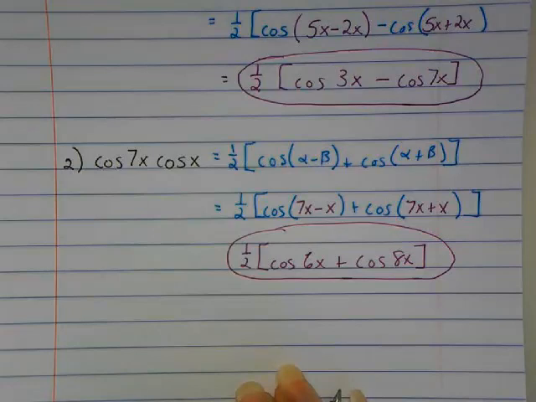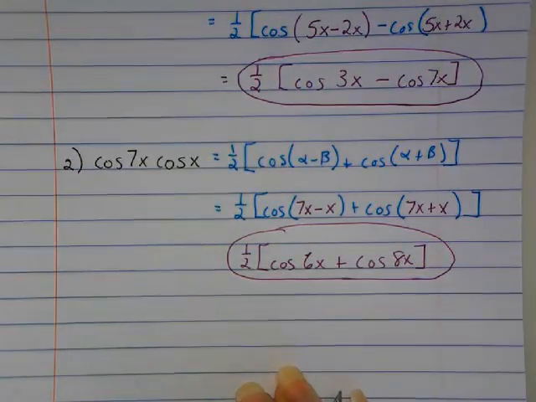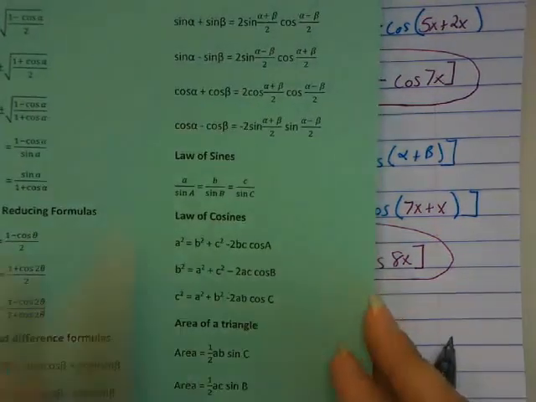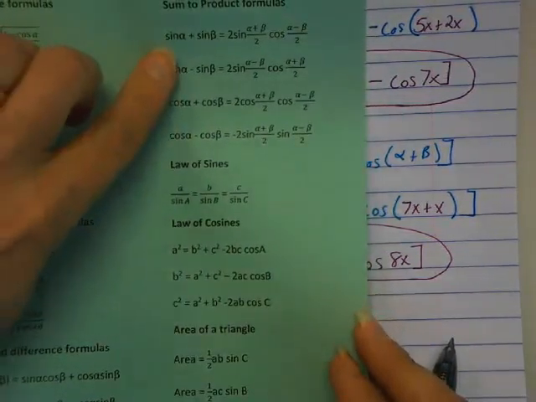Alright, now let's practice those other formulas. This time we're going to go from a sum to a product. Okay, so it's like you're taking sums and making them products.